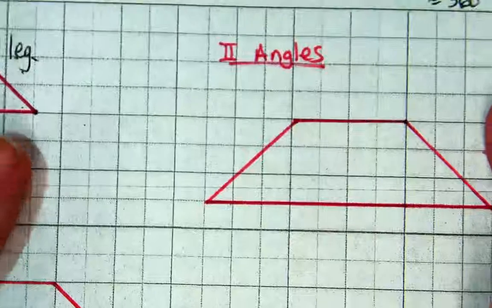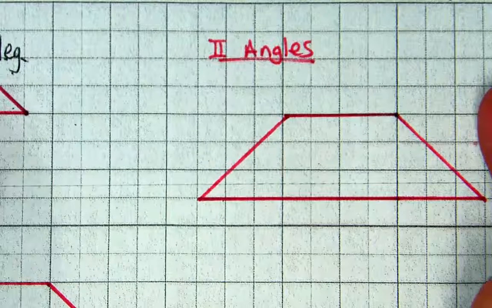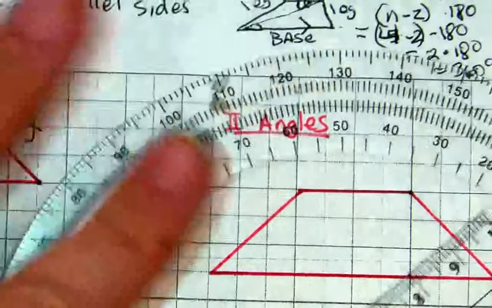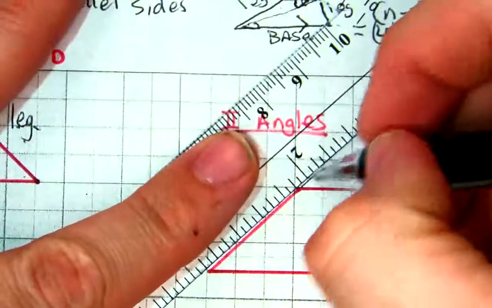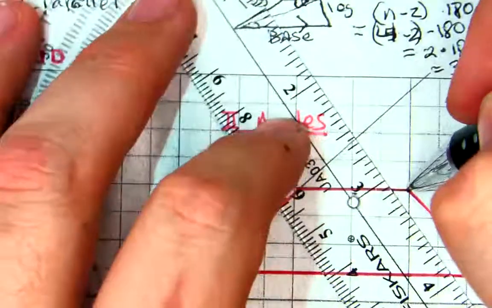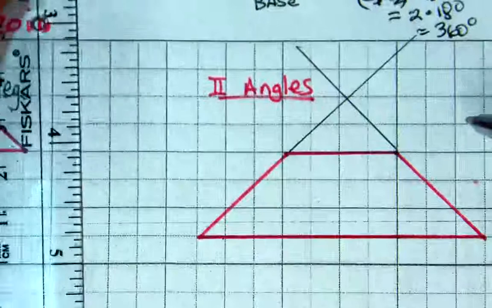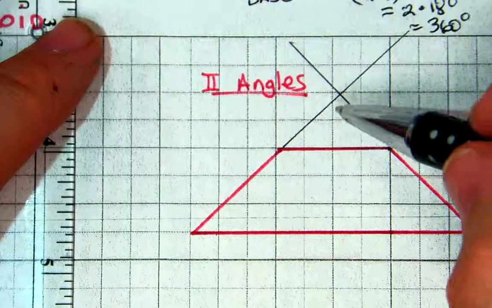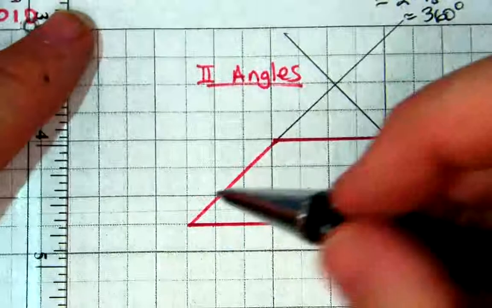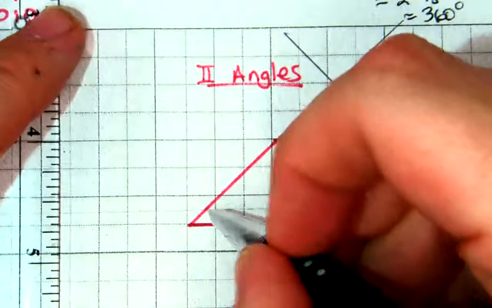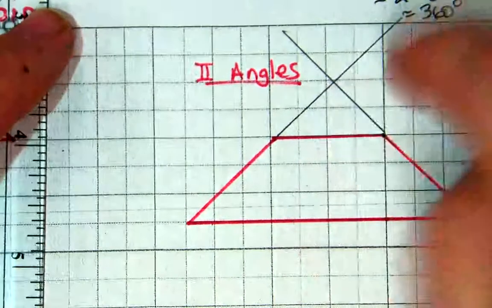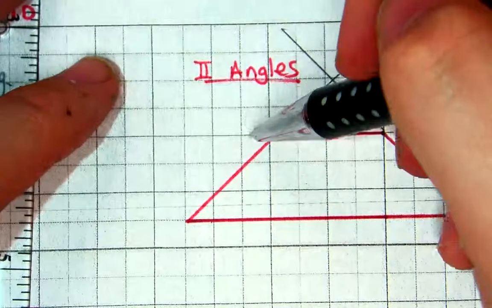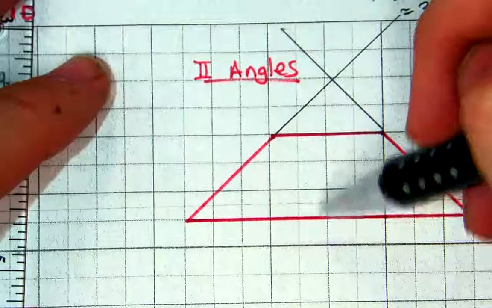Now let's deal with the angles. If I continued this up, the isosceles trapezoid is really like an isosceles triangle with one side cut that's parallel to the other side.